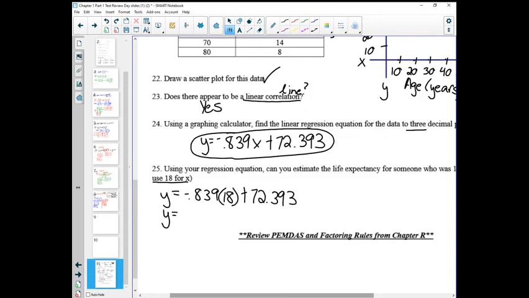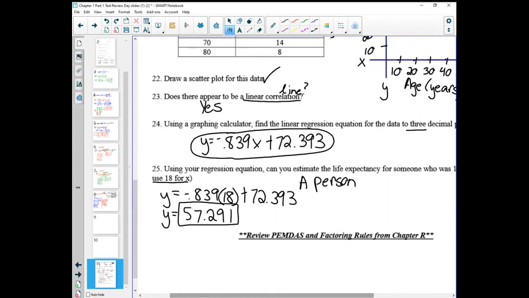And you can type that into your calculator. When you do, you're going to get 57.291. And that is the life expectancy for someone who is 18 in 1989. Because this is a word problem, we're going to use a complete sentence to answer it.